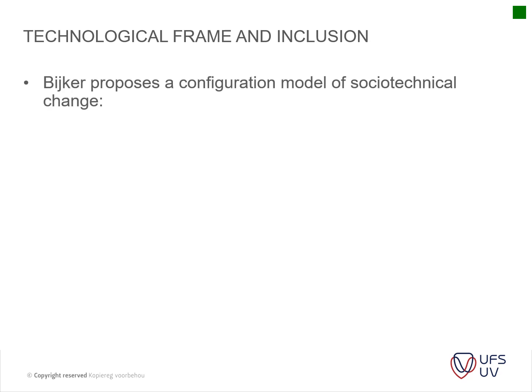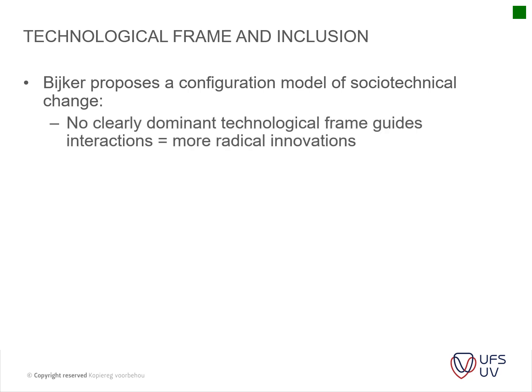Then we get to technological frame of inclusion. Bijker proposes the following configuration model of socio-technical change. What basically he says here, there's 3 criteria.